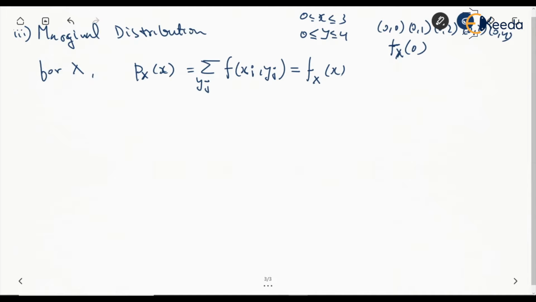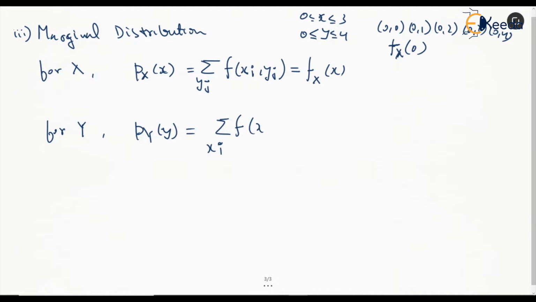Similarly, if we are doing it for the marginal distribution for y, this p will be the sum over xi, like all the possible x for y equal to, let's say, 0 or 1 or something like that.